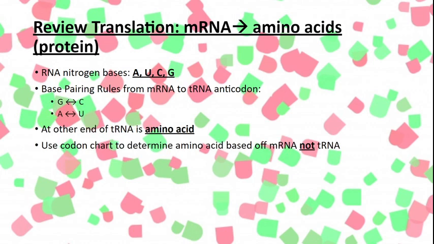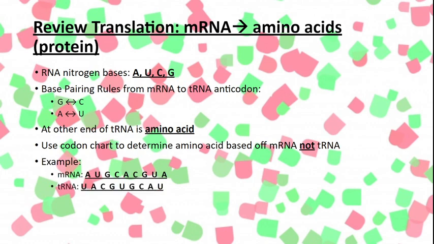So we use our codon charts to determine the amino acid based off of the mRNA, not the tRNA. An example of this would be, we have our mRNA strand here. We then have to transcribe it to tRNA, and that is what we use our codon chart for. So we have our start codon and our 2 amino acids.